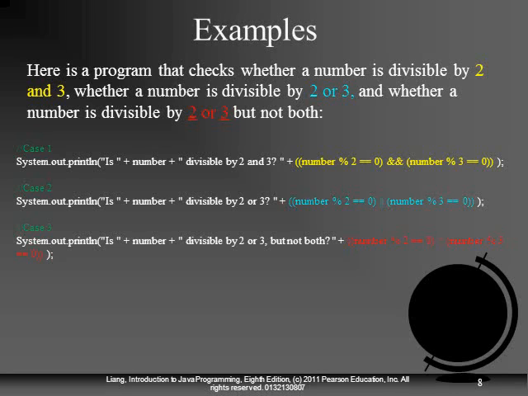If we look at case 1, and we assume that the number entered is 4, 4 is divisible by 2, so that's true, but 4 is not divisible by 3, so that's false. I have a true and a false, and so the result will be false. And then it'll print, is 4 divisible by 2 and 3?